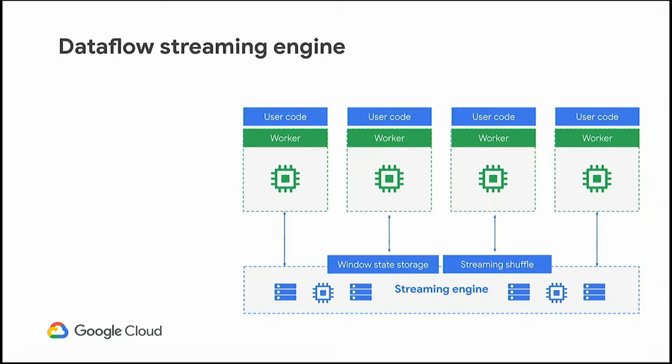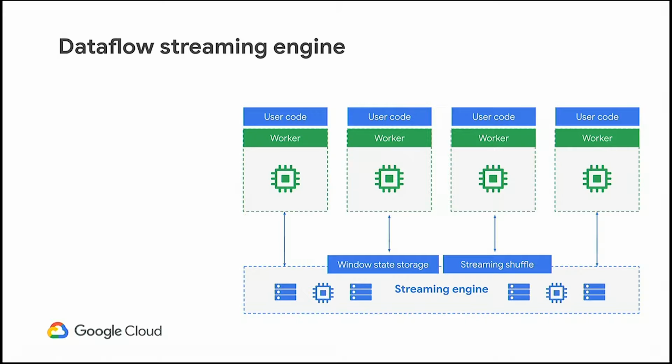So in the past, all of this was stored in the same VM where your user code was running. And it worked in many cases, but what it didn't allow us to do well was scaling up or down smoothly. We did have support for autoscaling. Streaming autoscaling was available in beta, but this experience was a little bit choppy.